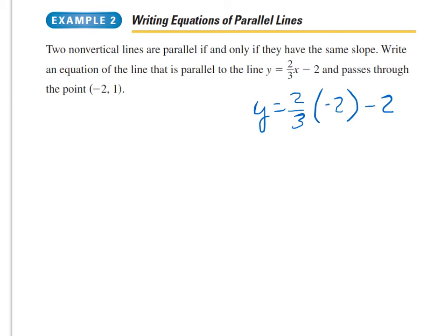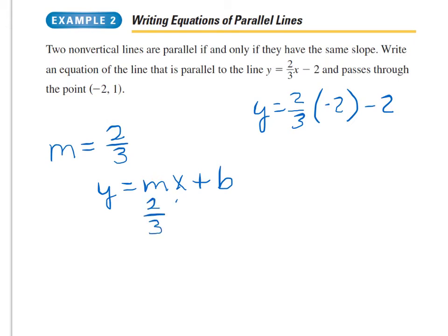But if it's parallel to that line given, we know that even on our parallel line the slope has to still be 2/3. So again, into y = mx + b. We're going to substitute the 2/3 because it's parallel to the given line. Now we're going to put in that -2 for x, 1 for y, and we're going to solve for the y-intercept of this line.